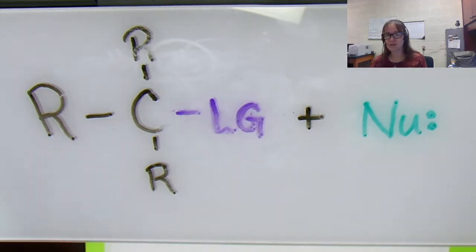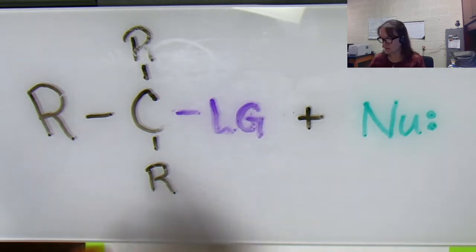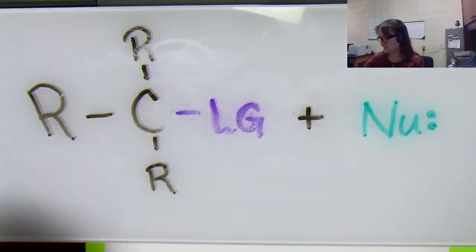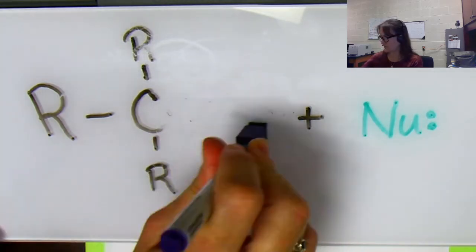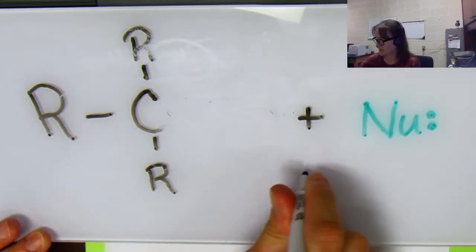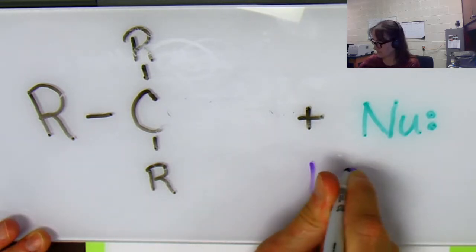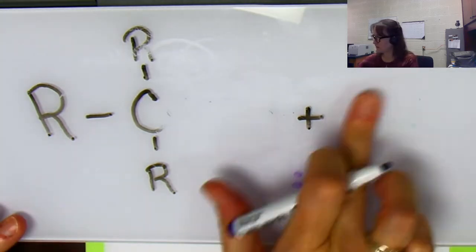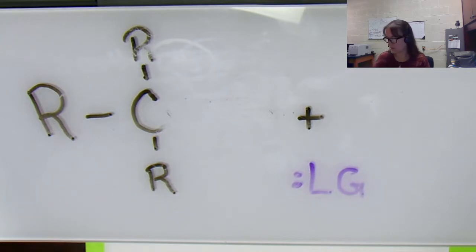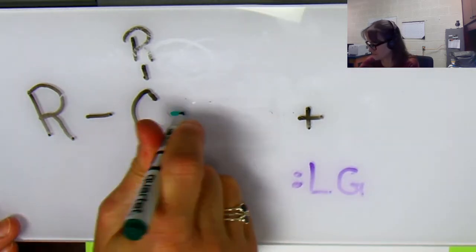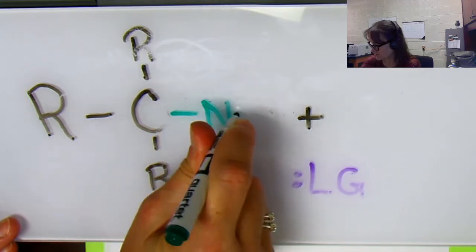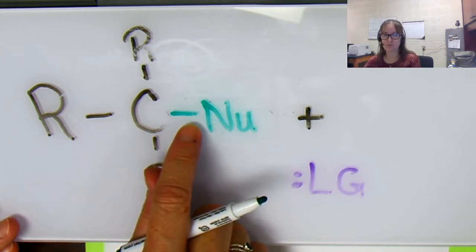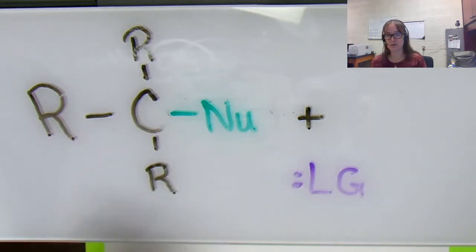So in one of these reactions, the leaving group will leave and go off by itself, and it will be replaced or substituted by the nucleophile. The pair of electrons that the nucleophile had available to form a bond will form the new bond, and the carbon will still have the other groups attached.